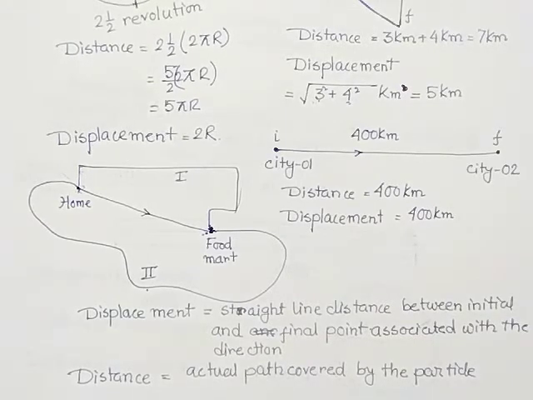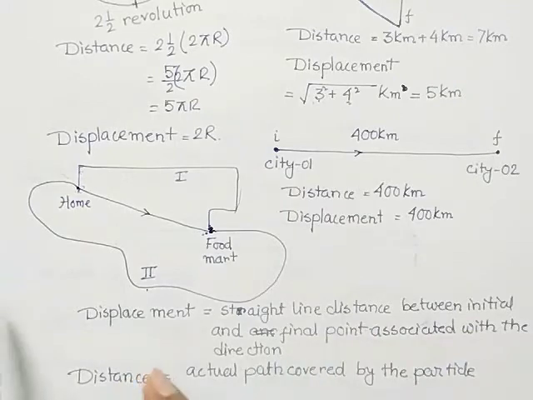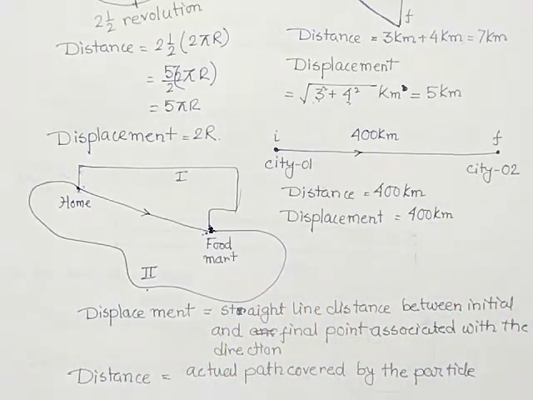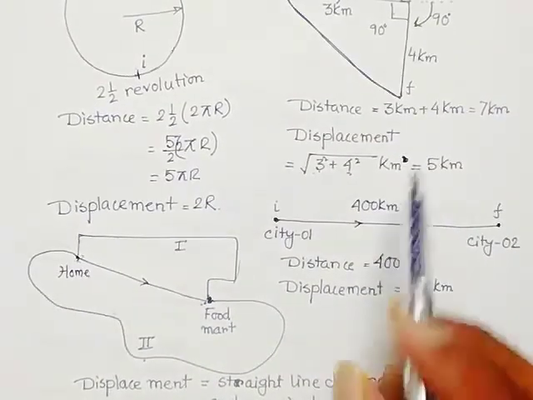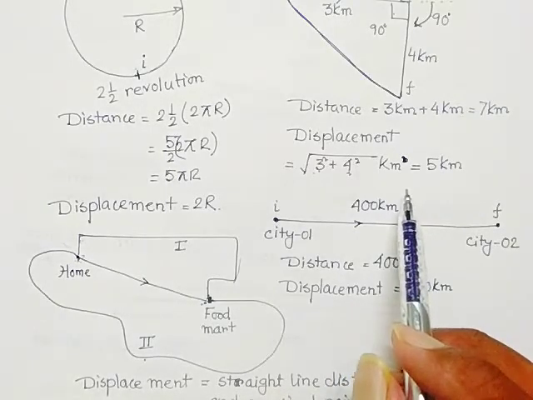But in the examples we have seen, only in the particular case where the path is a straight line, the displacement and distance values are equal. In all other cases, just like see here, distance is 7 km, displacement is 5 km.